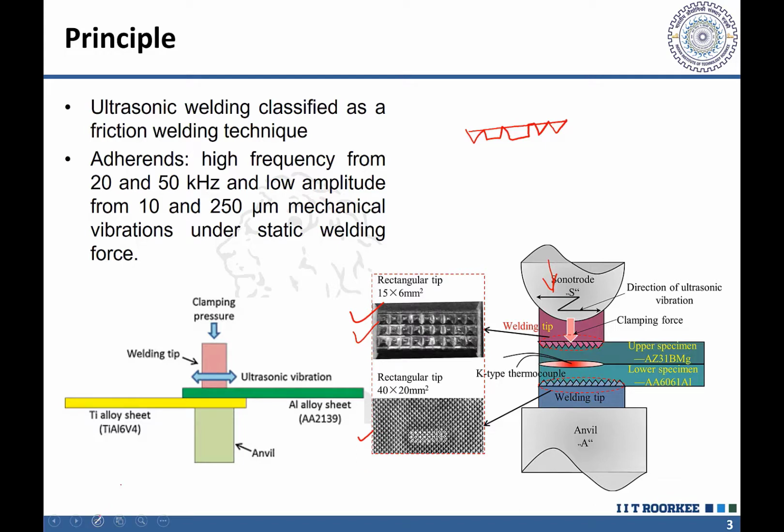And on the application of the vibrations, when sufficient heat is generated at the interface, you may get localized melting near the surface layers or significant thermal softening. So the combination of the normal load coupled with the shearing movement leads to the surface of one side getting softened.